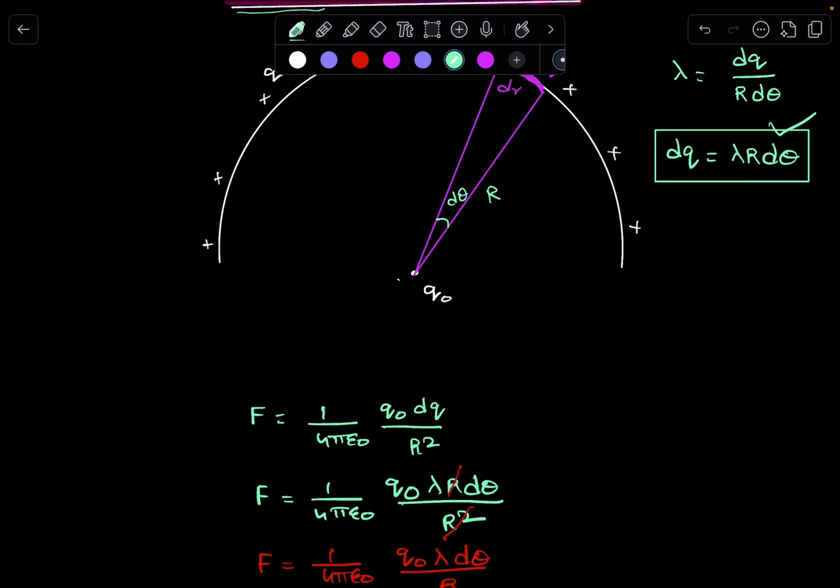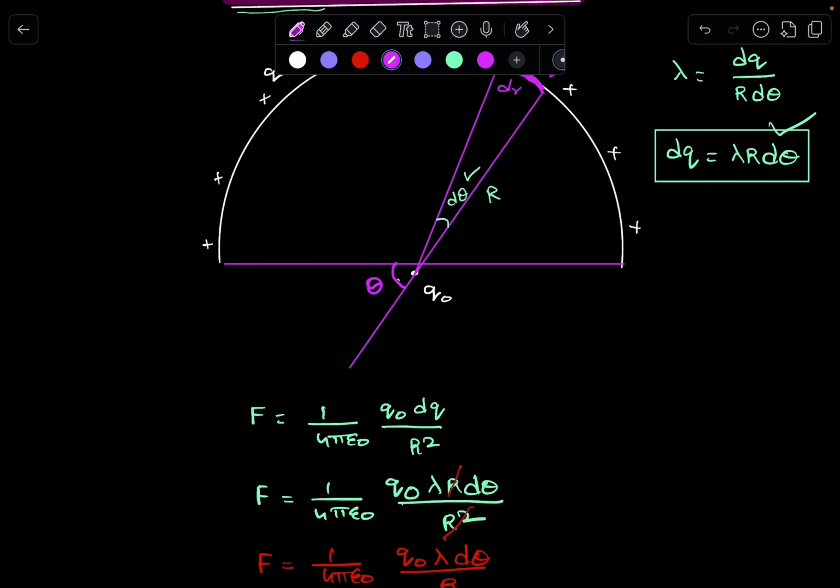Now whenever a small angle is present, we are going to resolve into two components. So what I'm going to do here, I'm just extending this line in the downward direction, so it makes an angle theta, correct or not?